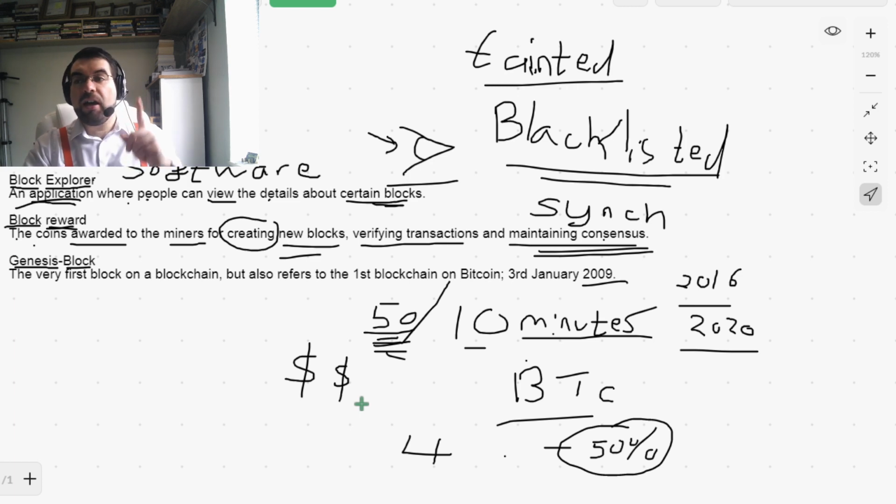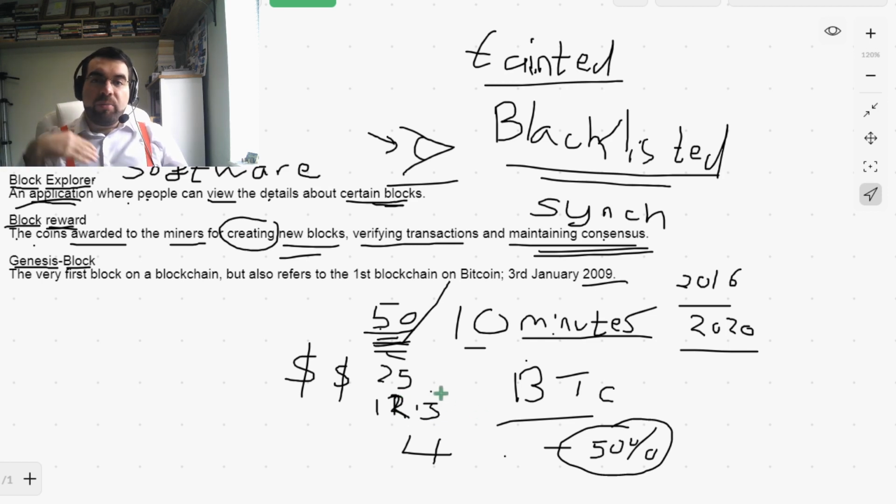The higher the price goes, so does the hashing power, the difficulty. So the block reward every 4 or so years gets cut in half. 12.5, and beyond. 6.25 and beyond.